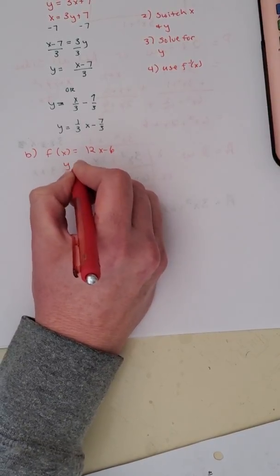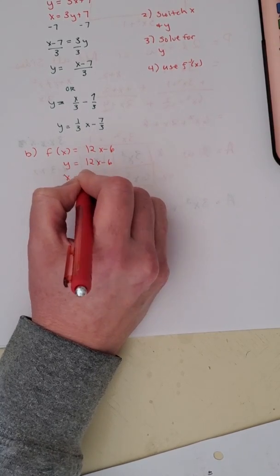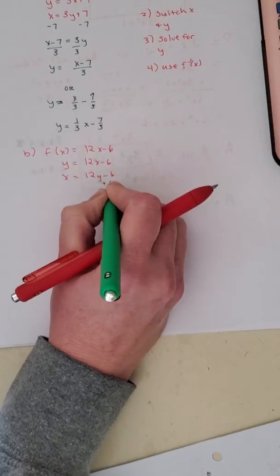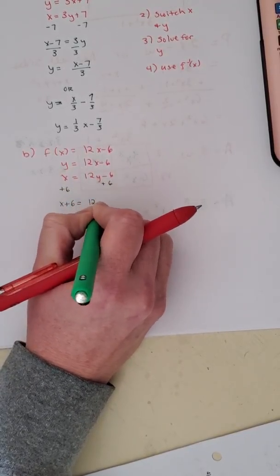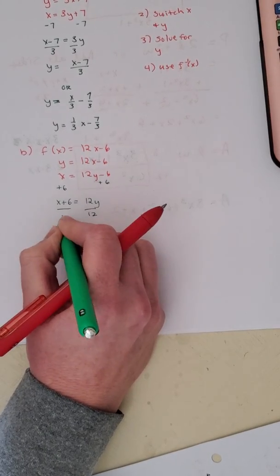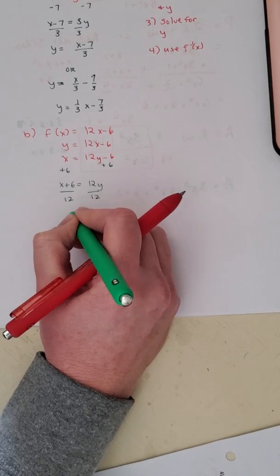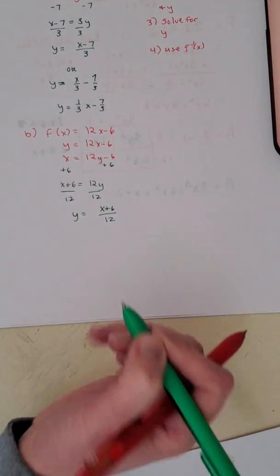So again, we'll rewrite it with y. Switch x with y and solve for y. So we'd add 6 and then divide by 12. And then we want to make sure we have all 3 cases. y equals x plus 6 over 12, that could be the answer.